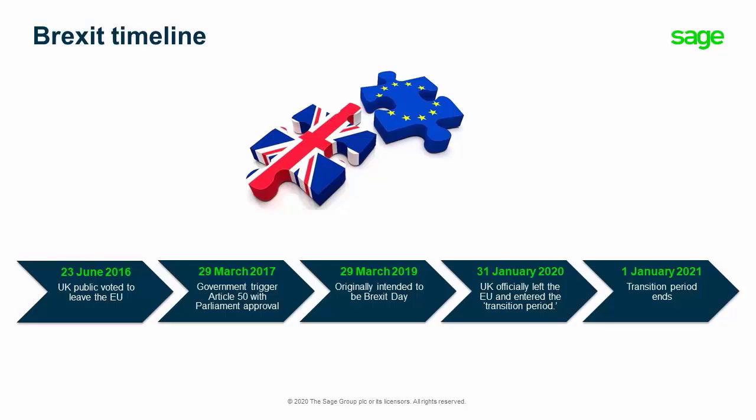But there have been various delays and postponements, and at the start of this year, 31st of January 2020, we finally officially left the EU and entered the transition period. That transition period has nearly ended and will officially end on the 1st of January 2021.